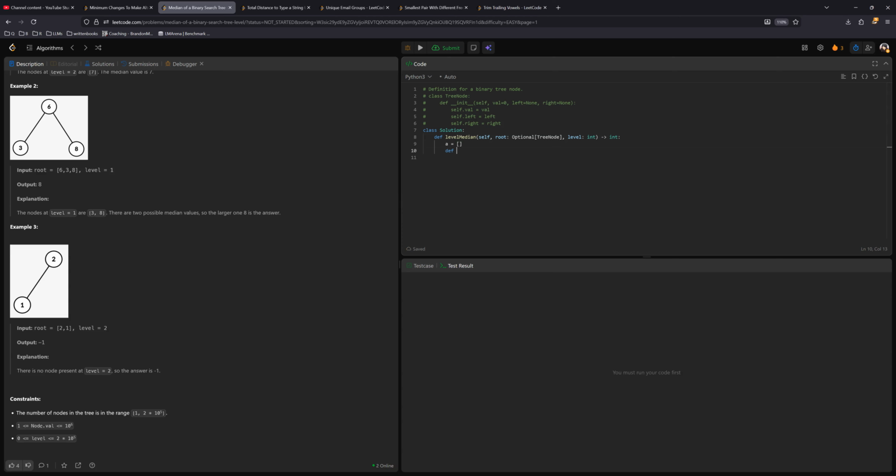Okay, def R of N, like that. Now, if N is none, then, oh wait, we need a level. N comma L. Okay, if N is none, just return, that's fine. Okay, if L equals, well, desired level, I guess.